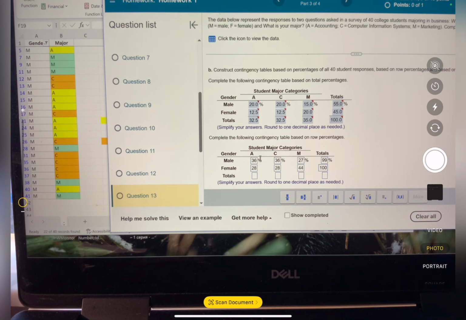Now here, 36, 28. Okay, 50, 64, 64, and here was 71. So in total, we got 199. Let's check.